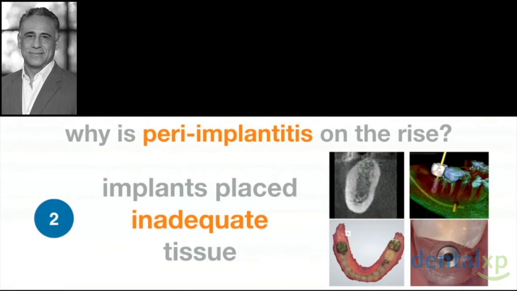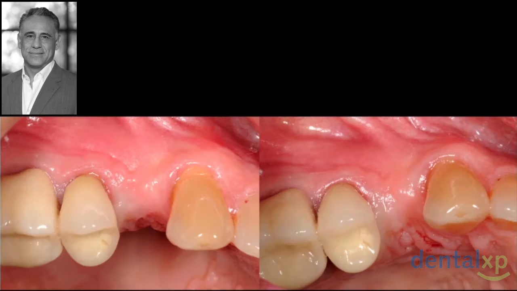I think the second reason that we also see in peri-implantitis is implants that are placed correctly in position, however, they have inadequate tissue, whether it's inadequate bone or inadequate soft tissue. And we can look at this patient that had an implant placed, and for a long period of time after the implant placement, she had been complaining of discomfort and pain on the buccal aspect of the implant.